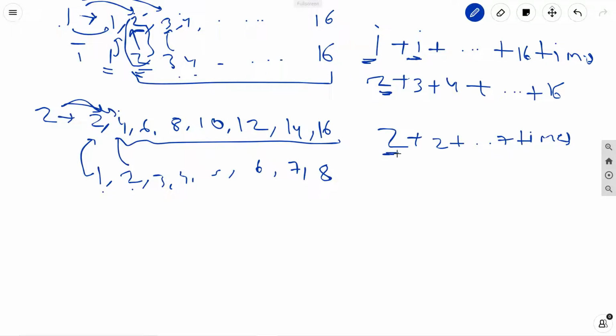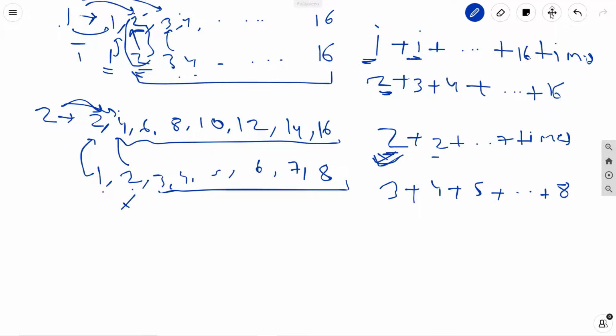So this we are not going to add again. Now only this part is left. So 3 is a divisor of 6, we have not yet counted. And 4 5 also, so 3 4 5 up to 8 we can add.